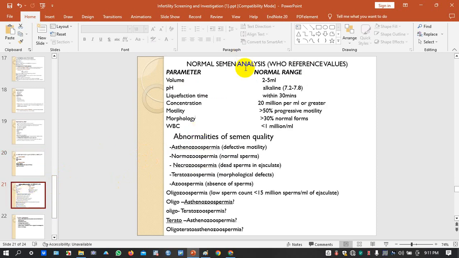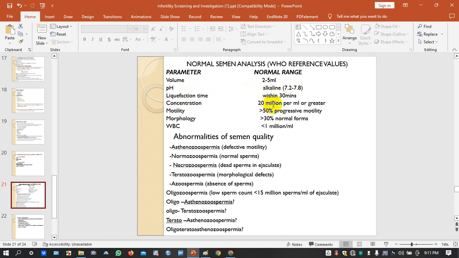So, normal semen analysis, WHO reference values are: the volume should be between 2 to 5 ml. The pH should be an alkaline pH, that's basic pH, of 7.2 to 7.8. Liquefaction time should be within 30 minutes. That is, within 30 minutes the sperm should be able to become liquid.